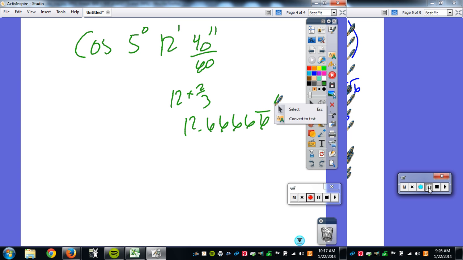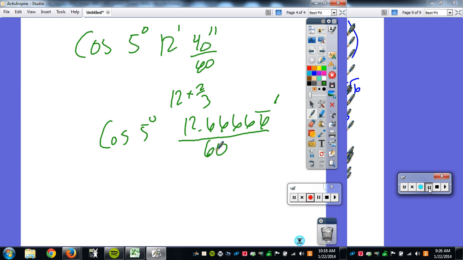So now I'm at cosine of 5 degrees, 12.666 minutes. So how do I get this guy back into degrees? What am I going to divide him by? I'm going to divide him by 60 as well, because there are 60 minutes in a degree.